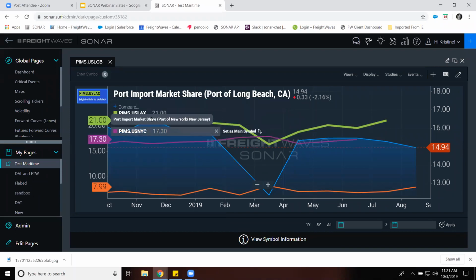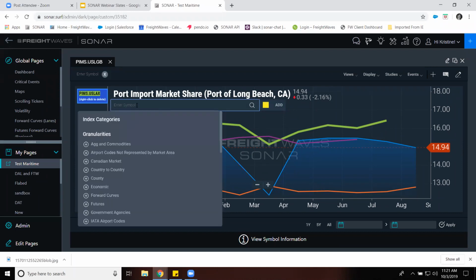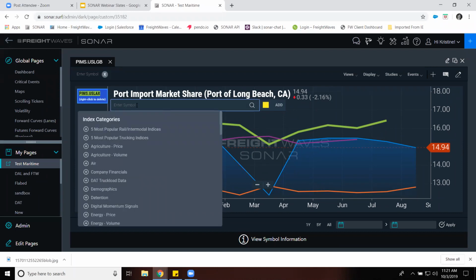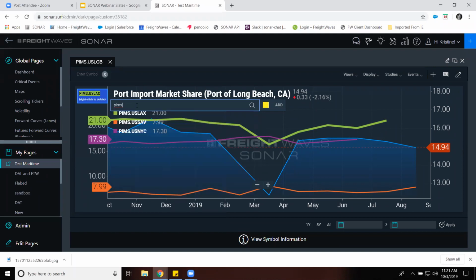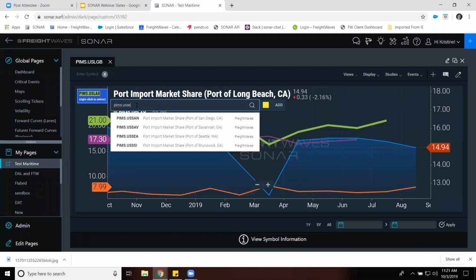So we're going to look at two of the major East Coast gateways versus those two SoCal gateways into the country. We can actually look at Seattle, Tacoma as well. So we can do PIMS, didn't include the US, SCA.